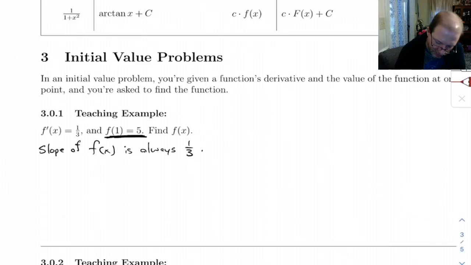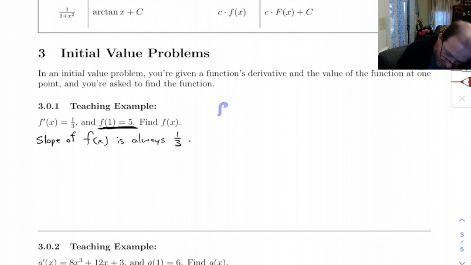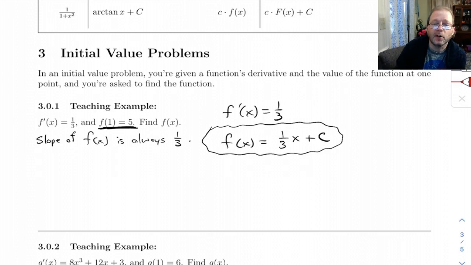So let's actually write this out the way we would do this in calculus. We'd say f prime of x is 1/3. So that means f of x is 1/3 x plus c. And I'm going to put a wavy box around it because it's almost our answer.